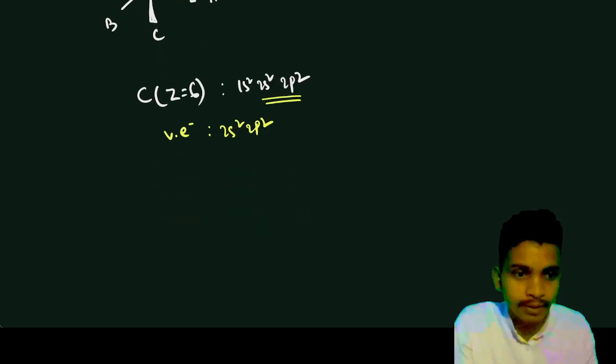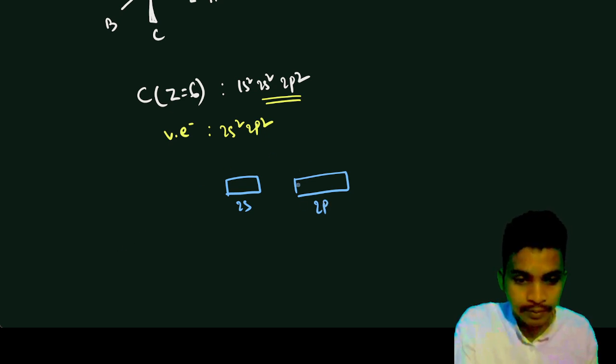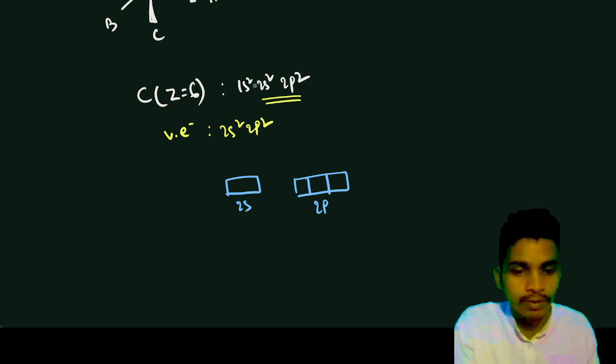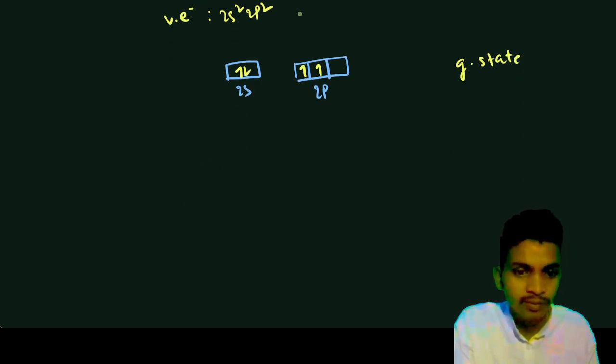And if I make the orbitals there, let's say this is the 2s orbital, and let's say this is the 2p orbitals. Now the electrons it has are 2s2 and 2p2, and this is at the ground state. Actually it will make the bond at the excited state.